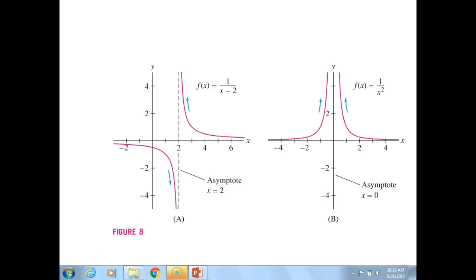Another function, f of x equals 1 over x squared. Again, you start with your vertical asymptote. Your denominator cannot equal 0, so x squared cannot equal 0, meaning x cannot equal 0. You don't see it, but there's a dotted line on the y-axis.